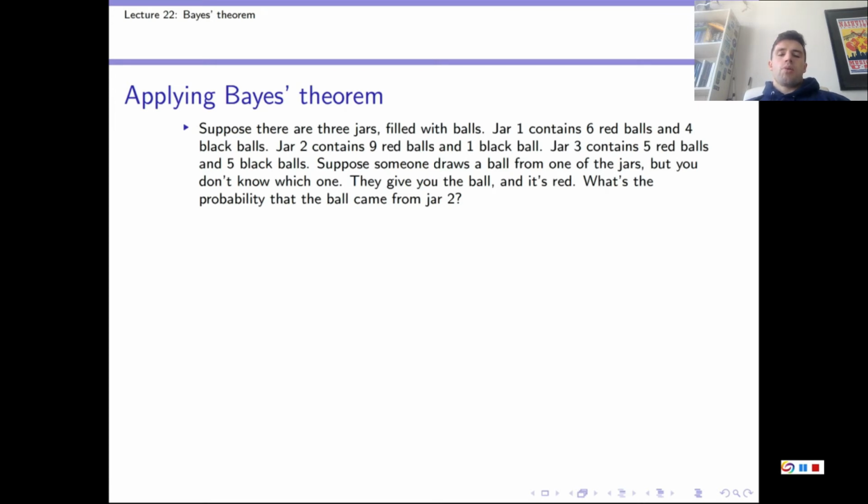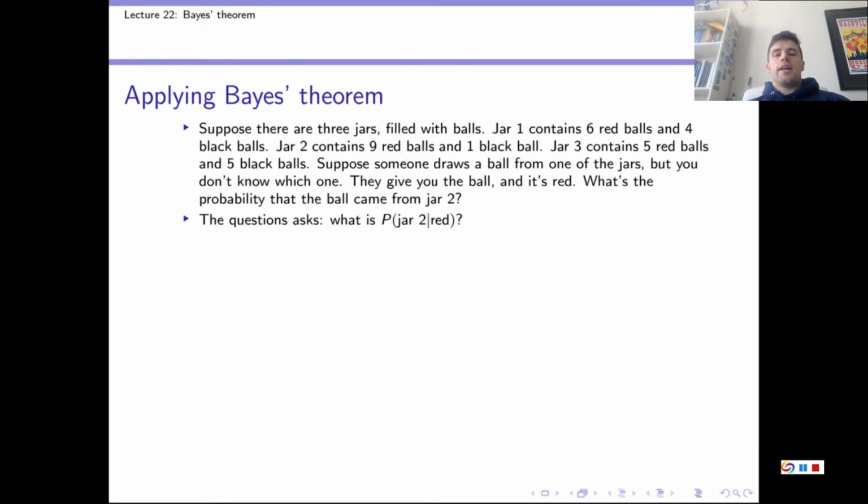So let's break this problem down. Because you've seen that the ball is red, the question is asking you for the probability that the ball was drawn from jar 2, given that it's red. The information you've learned, remember, is that the ball is red. However, we don't just want to label the statement the ball was drawn from jar 2 as Q and use the version of Bayes' theorem that we used in the last example.